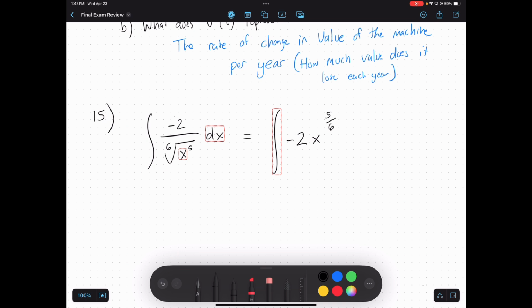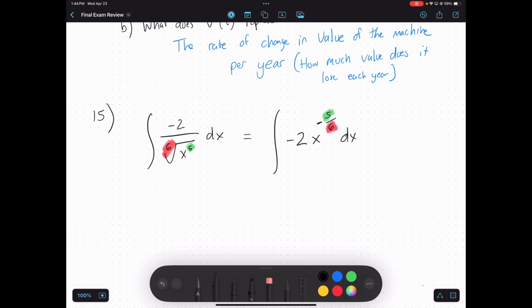So the root was my denominator, and the power was my numerator. And then, like we said, because it went from the denominator to the numerator, I also have to make that a negative. Very nice. Yeah, can't forget that.